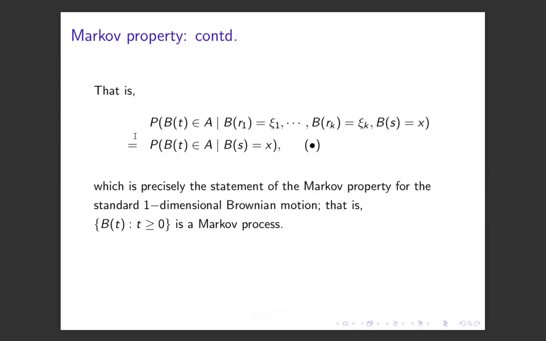So this is precisely the statement of the Markov property for this one-dimensional Brownian motion B. So Bt is a Markov process. The standard one-dimensional Brownian motion is a Markov process. So that is the conclusion.